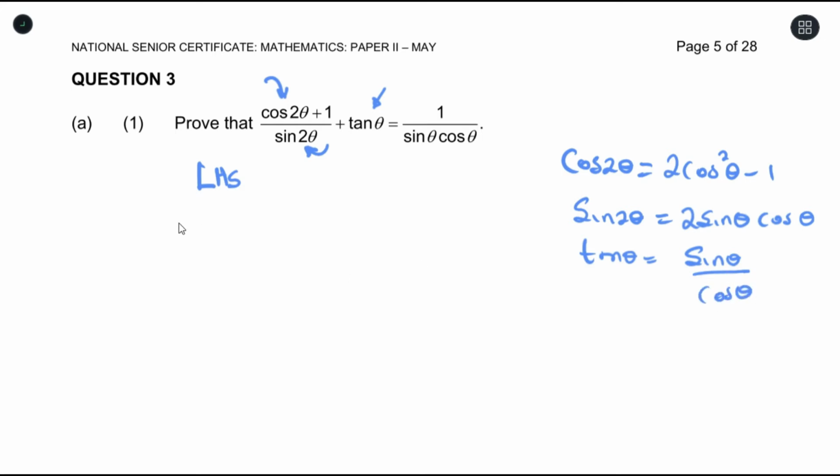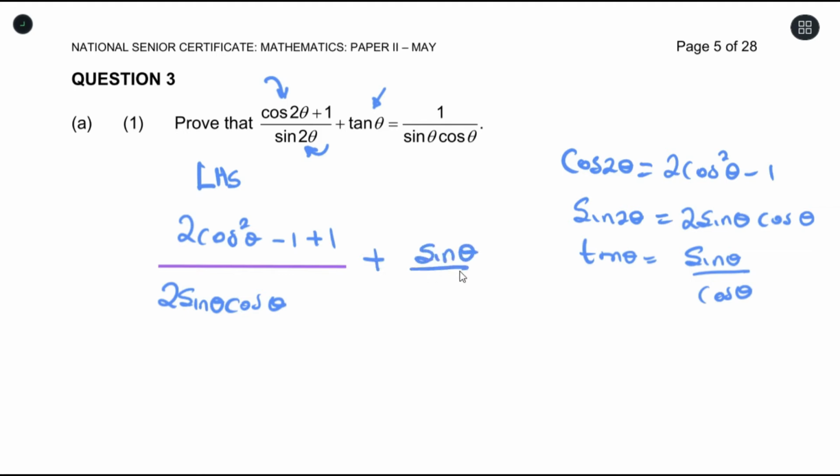Okay, so if I'm putting these values in, I have 2 cos square theta minus 1 plus 1 over, and for the other side, I'm going to have 2 sine theta cos theta, then plus sine theta over cos theta.